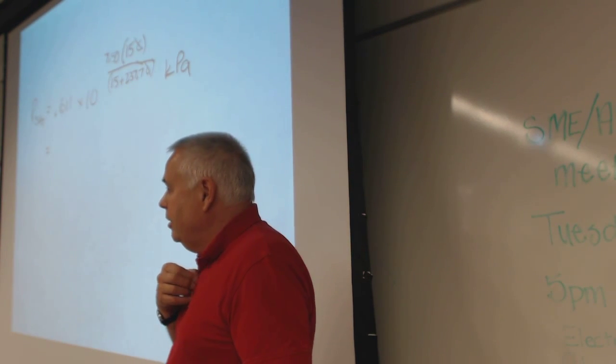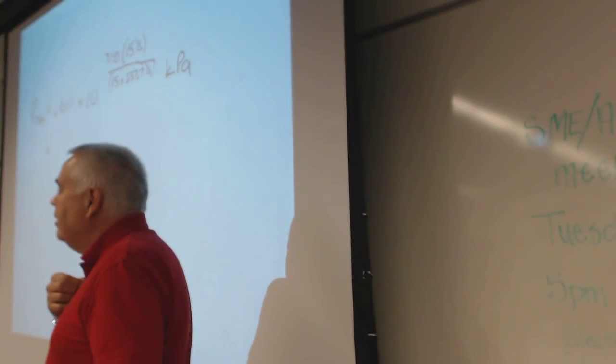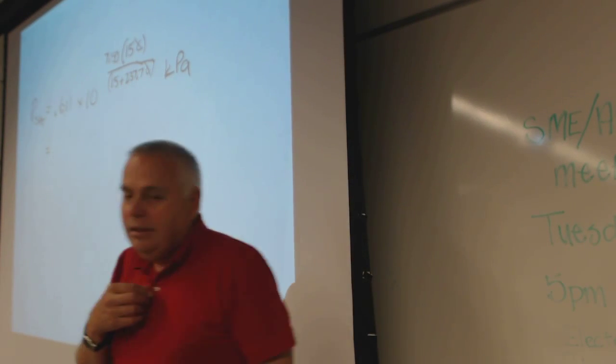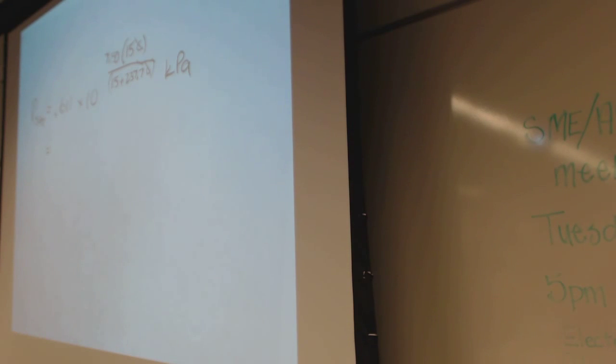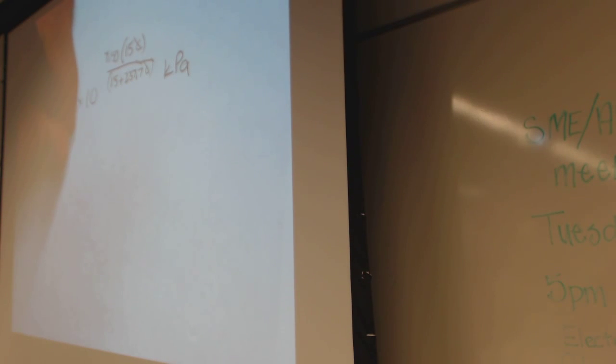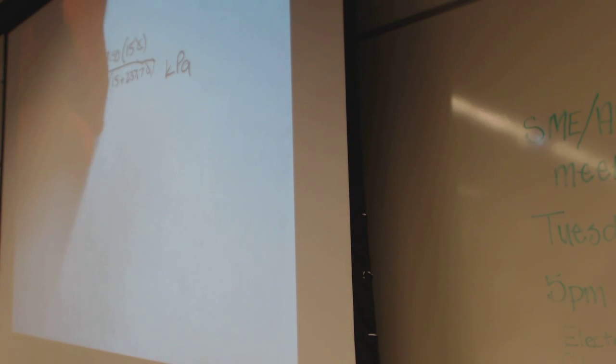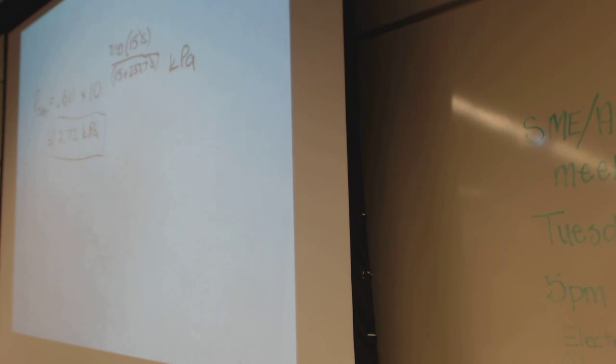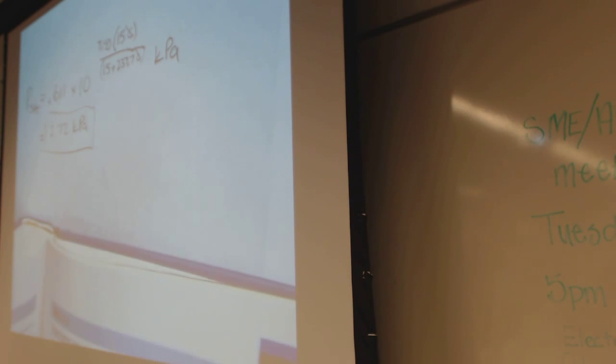Got happy fingers going on that one. What'd you get? 2.72. Got 1.7. 1.7?